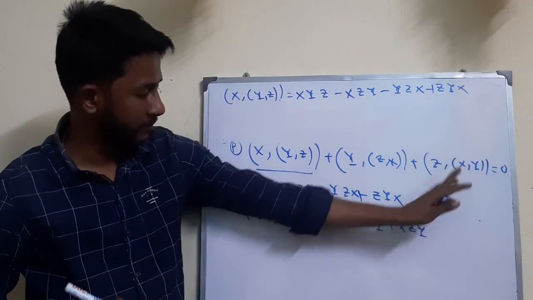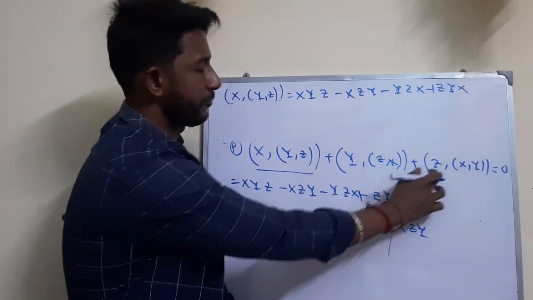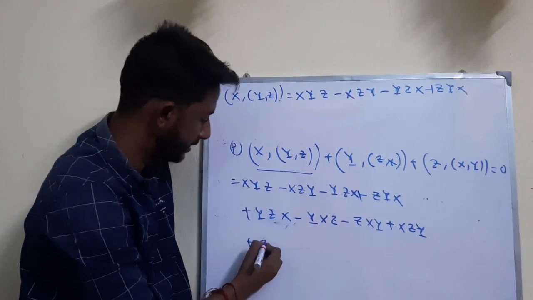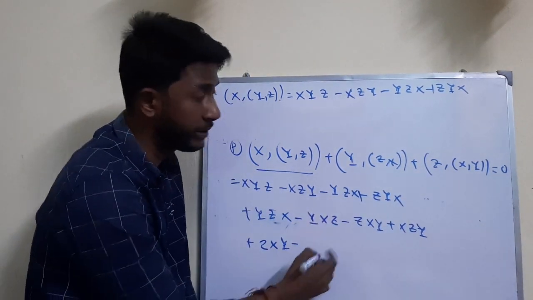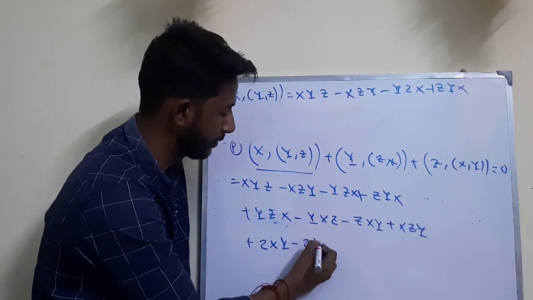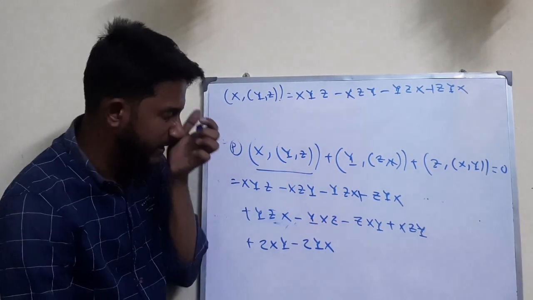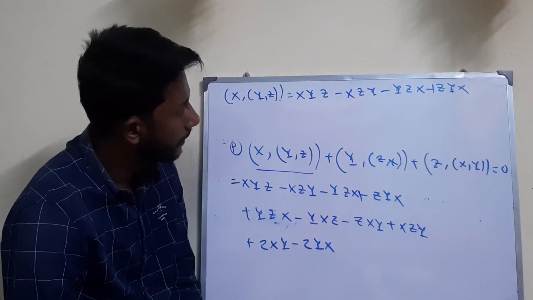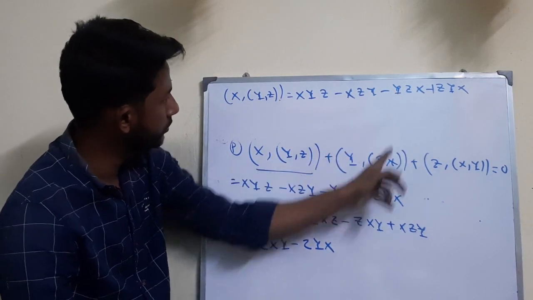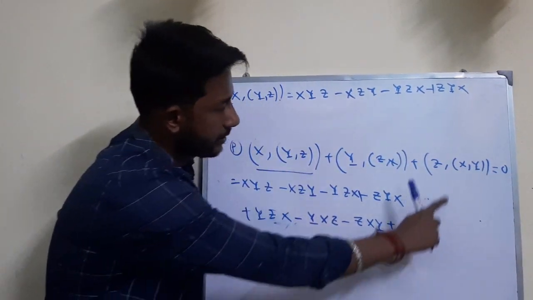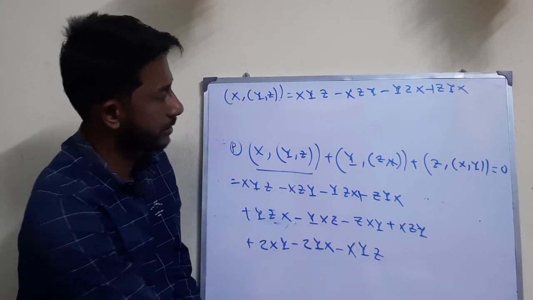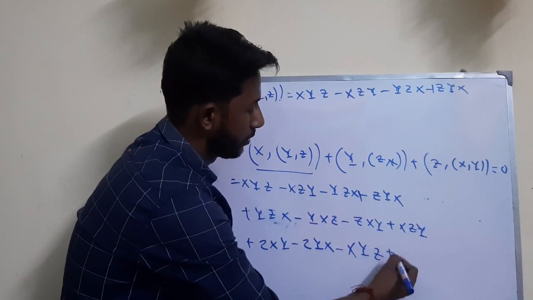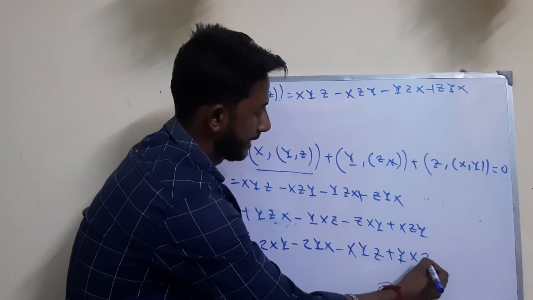Similarly, the first term is z, x, y, and we keep the first term same and interchange the second and third term, so z, y, x. Then we start from y, then z, then x, then from x, then y, then z. The last is y, then x, then z.